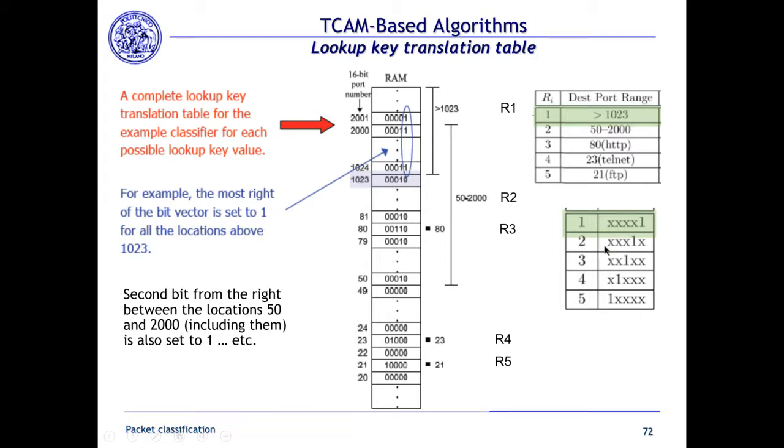Fixed. Fixed means that once we have the classifier, we have defined the rules and all the regular expressions, the encoders are fixed. We can fix both the encoder of the rules and the encoder of the incoming packet.